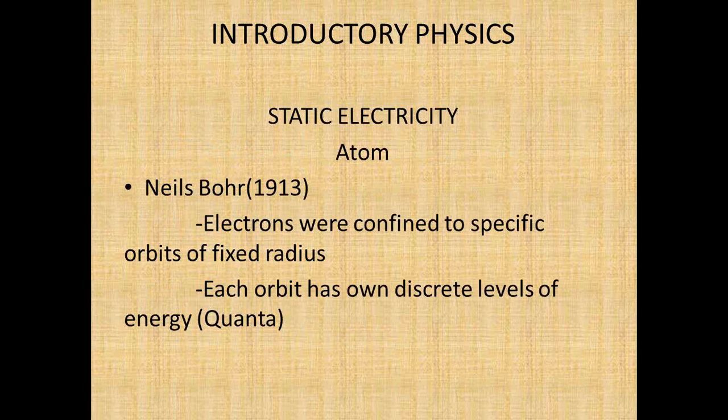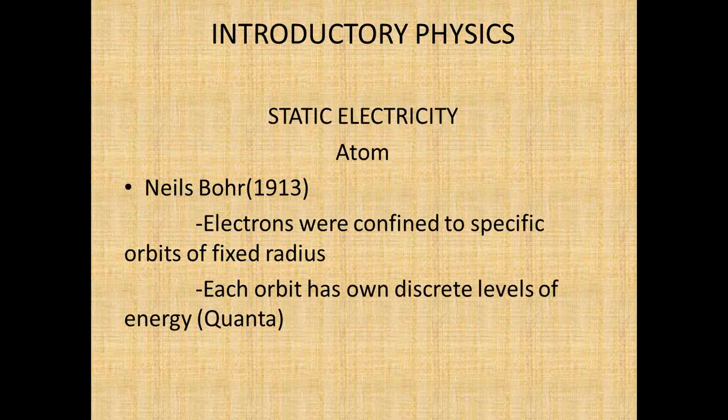Then surrounding this, you have electron shells. And you have different electron shells of different radius. And then on each shell, you have a specific amount of energy they call quanta. So each orbit has its own discrete level of energy, and they call that quanta.